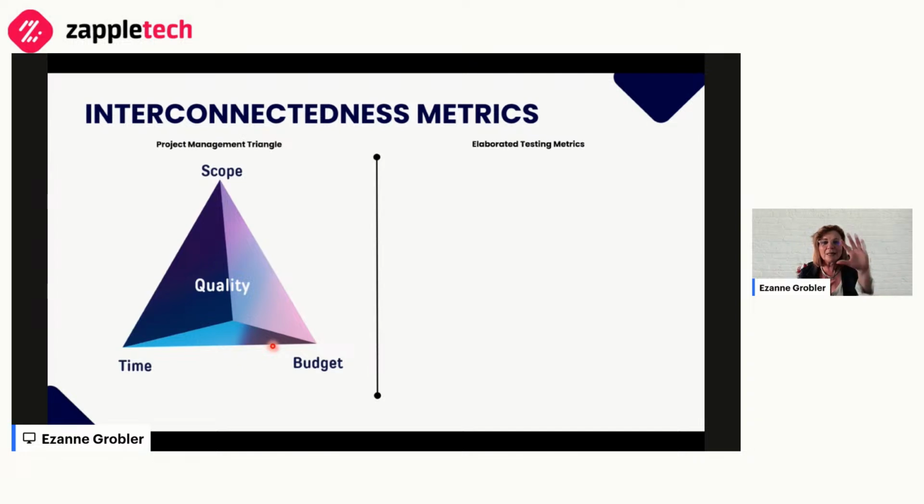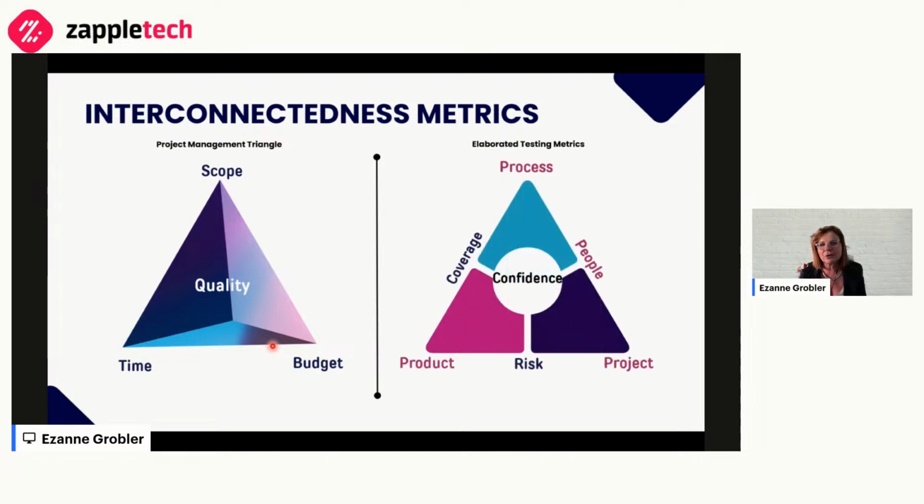As one of these moves, it has an impact on the other ones, as well as an impact on quality. And when I went back to the principles of the project management triangle and how this worked, that helped us to get to a similar triangle, but in terms of testing metrics.